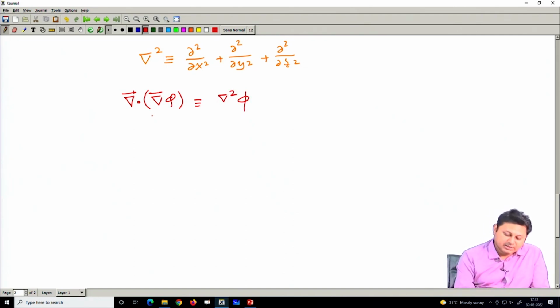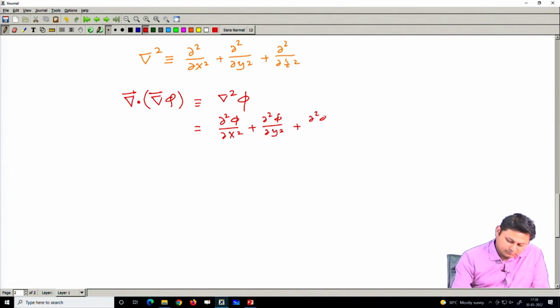Okay. So, first you are making the gradient and then you are getting a vector quantity. That vector quantity, if you want to find out how divergent it is, you are now making a divergence and you are getting this, and this simply gives us this stuff.